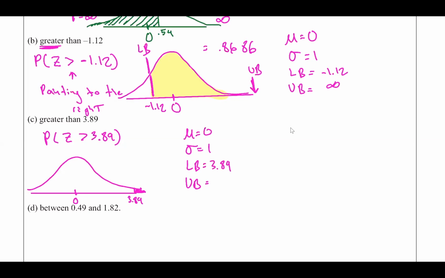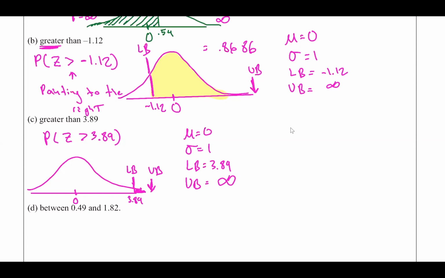That's the lowest value, so that's my lower bound. The upper bound has no real cutoff number here. It goes all the way to infinity. So my lower bound is 3.89 and my upper bound is infinity.